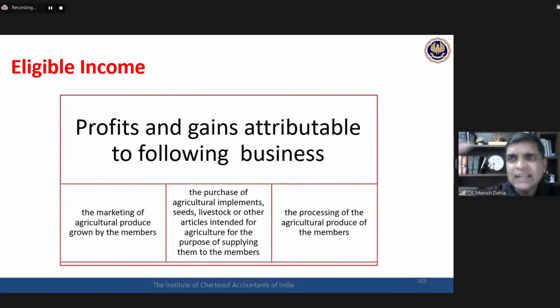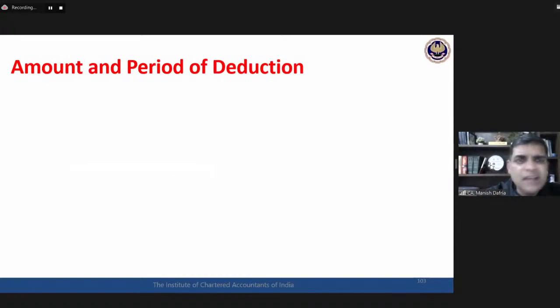So at a practical level, from the angle of the market and of farmers, they can do the same activity by forming their own cooperative society, or by forming a producer company, and whatever income this society or company gets would be 100% exempt.